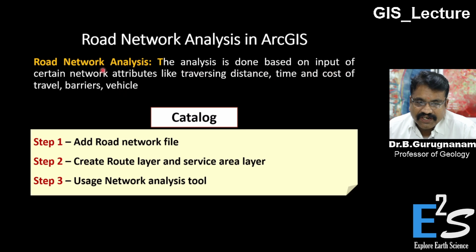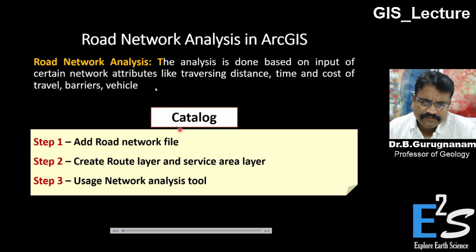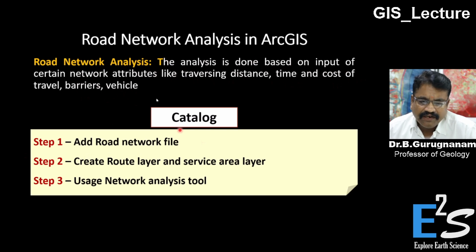The analysis is done based on certain input network attributes like traversing distance, time of travel, cost of the travel, barriers, vehicle, and route change. Many applications are involved in this. There are three steps in preparing road network analysis in GIS.